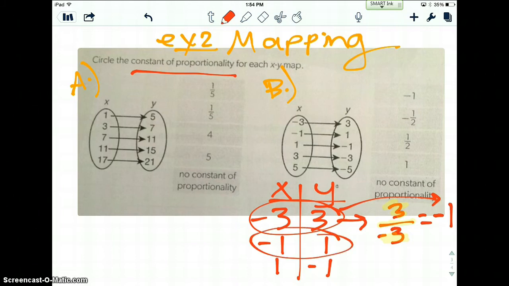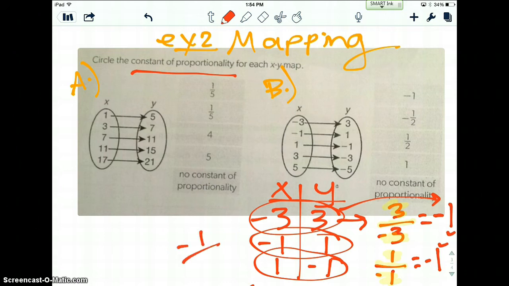Okay, let's look at the next ratio. 1 over -1. Again, I have 1 divided by -1. Different signs, going to be negative, and 1 divided by 1 is 1. Okay, these are looking the same. I need to make sure with all of them. So in the third set, I have -1 over 1. And what is -1 divided by 1? It's -1.